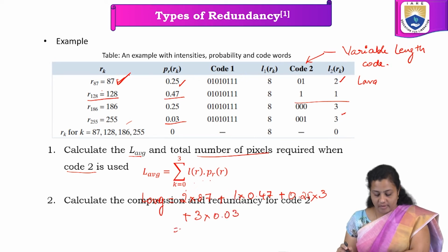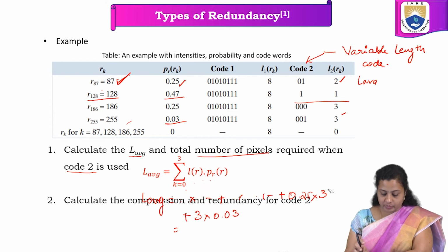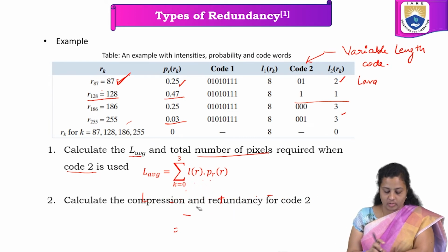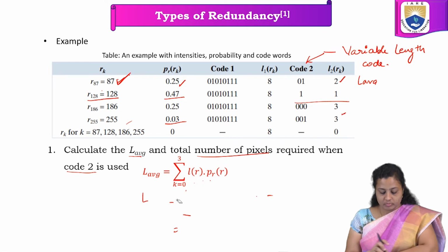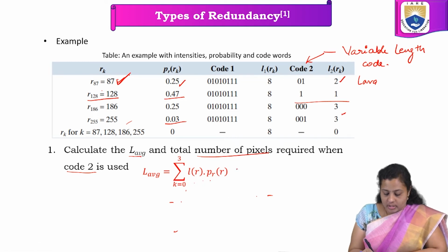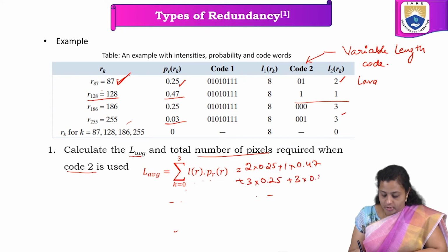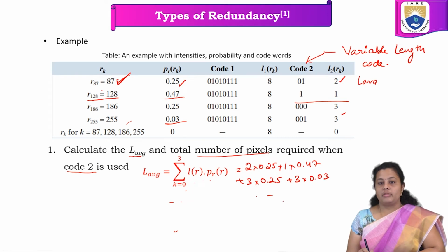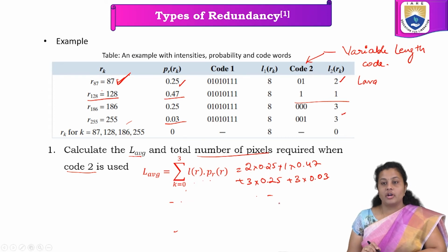So we get the L average value as 2 into 0.25 plus 1 into 0.47 plus 3 into 0.25 plus 3 into 0.03. That will be our L average value.